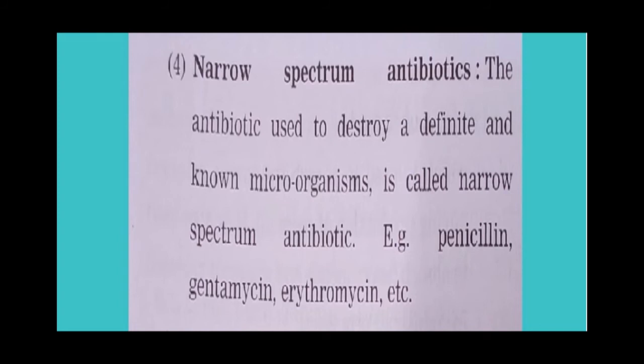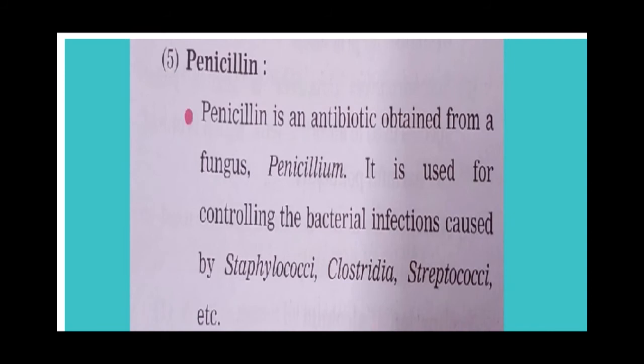Narrow spectrum antibiotics. The antibiotic used to destroy a definite and known microorganism is called a narrow spectrum antibiotic. Example, penicillin, gentamicin, erythromycin, etc. Penicillin. Penicillin is an antibiotic obtained from a fungus, Penicillium.